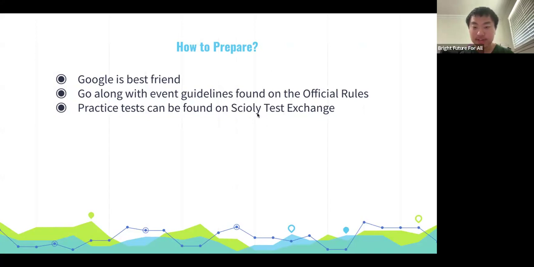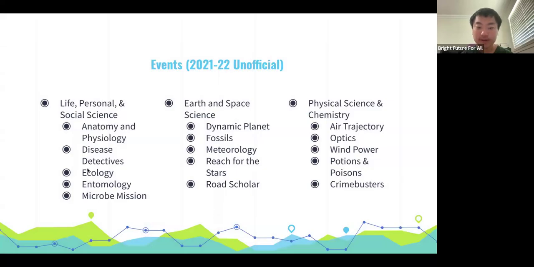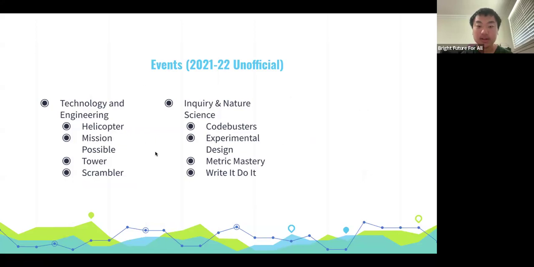Study one to two hours of science. My attention span could never. How should we put this? Science is fun if you want it to be, and I think the magic of SciOly is that you really get a bunch of events from all fields of science. You have biology, you have earth science, you have physics and chemistry, and then you have a bunch of other stuff here as well.